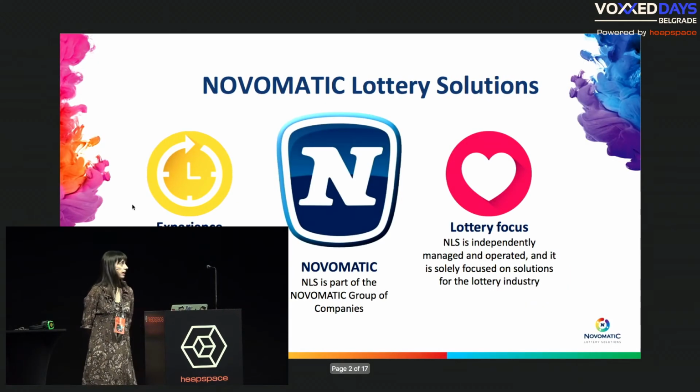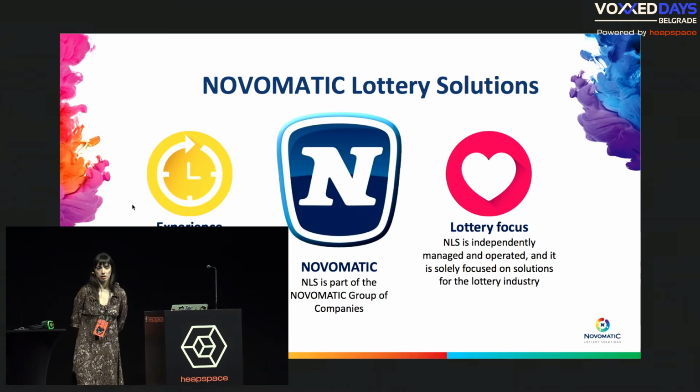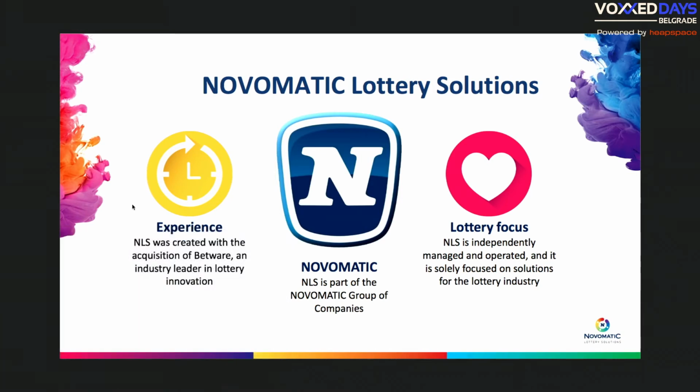But before I go to that, let me just briefly tell you something about the company that I'm representing here. It's NOVOMATIC Lottery Solutions. Five years ago, it was a little Icelandic startup called Betware, and they had offices in Reykjavik and Belgrade. They were unique because they were the only one in the world that had an online lottery platform.